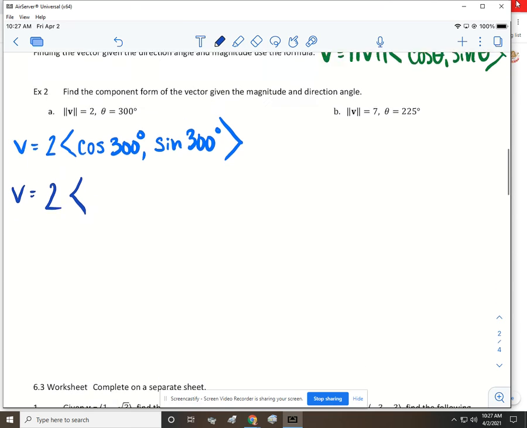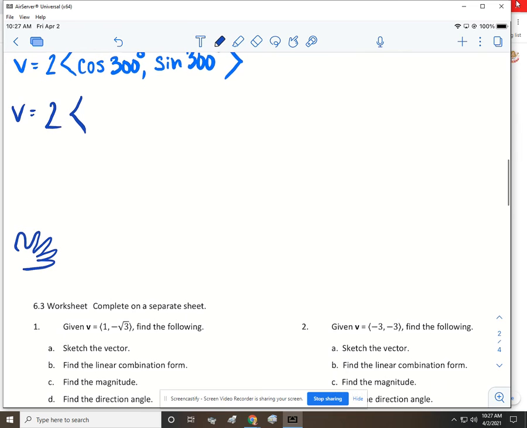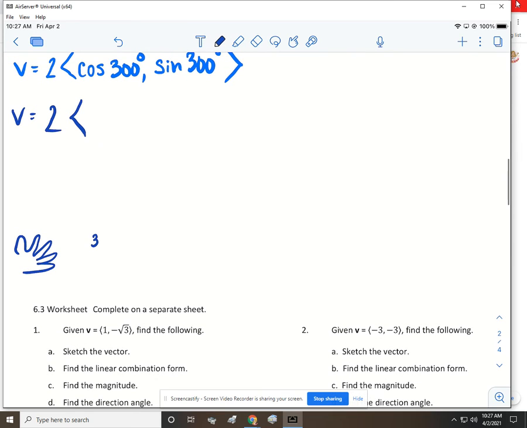Okay, now I'm going to move down here to the bottom and do a little bit of side work. So for our hand trick, we need to know what the reference angle is for 300 degrees. And you may already know that in your head. But we would take 300 degrees and subtract it from 360.